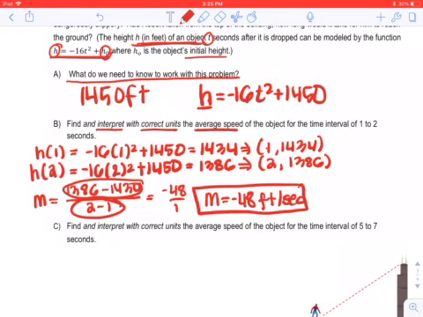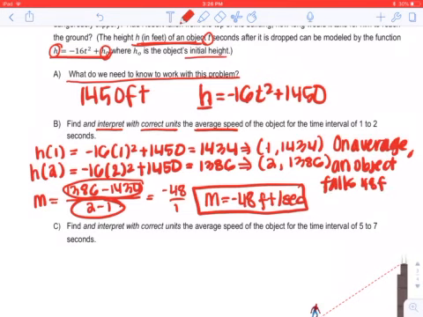Now we need to interpret. So realize that negative represents the fact that it's falling. It's not that it has a negative feet per second rate. So we can interpret what that means now. We can say on average, because remember this is average rate of change, on average, an object falls 48 feet per second.